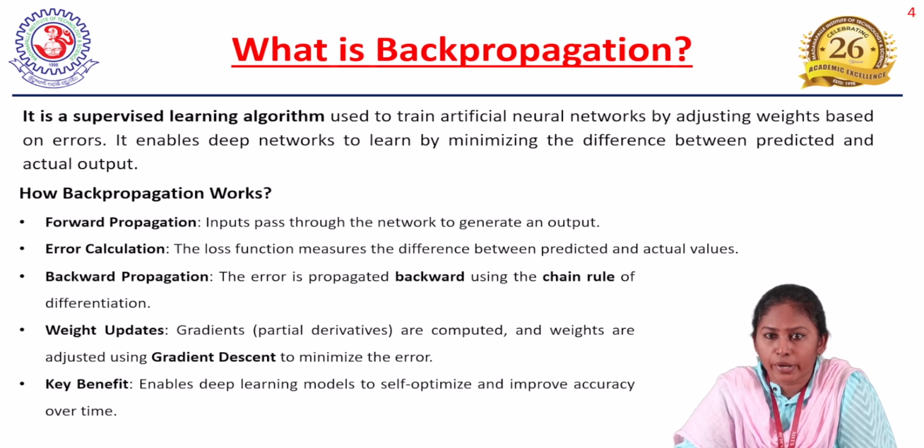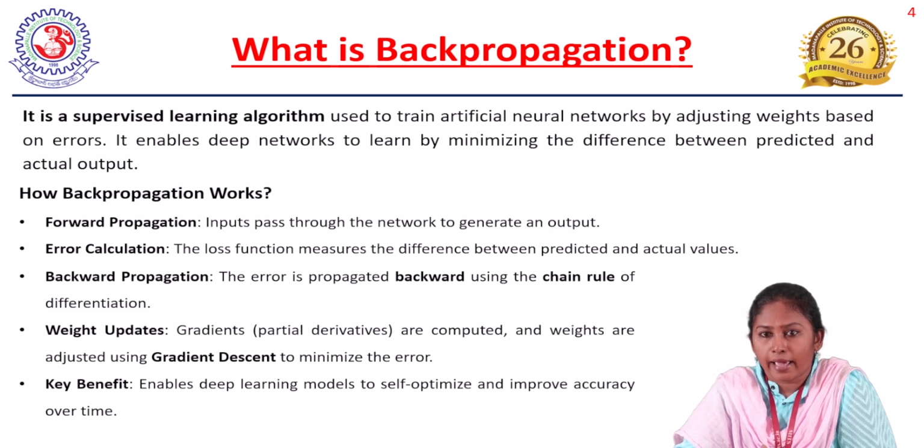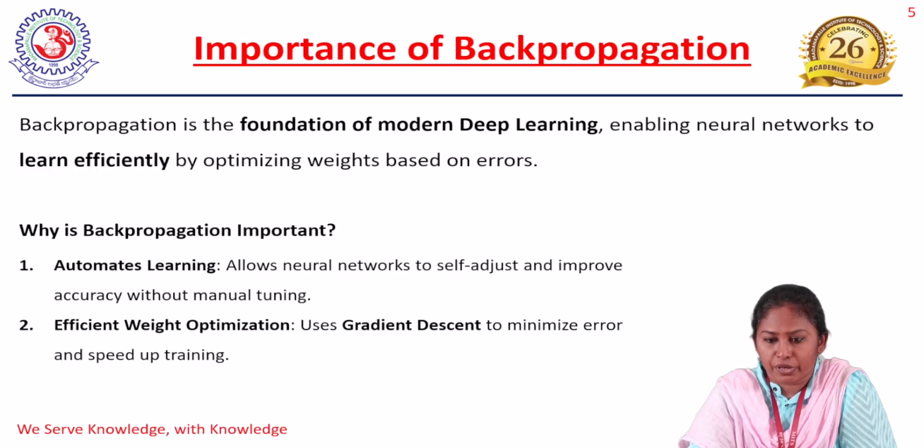No. We continue until we get the expected output, or at least very near to the expected output, or in other words very minimal errors. Until then we keep doing backpropagation. That is the main importance of backpropagation.